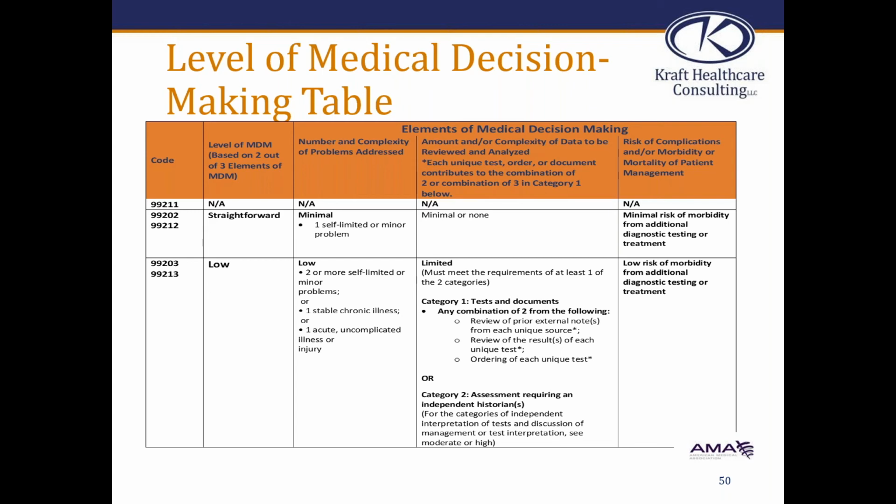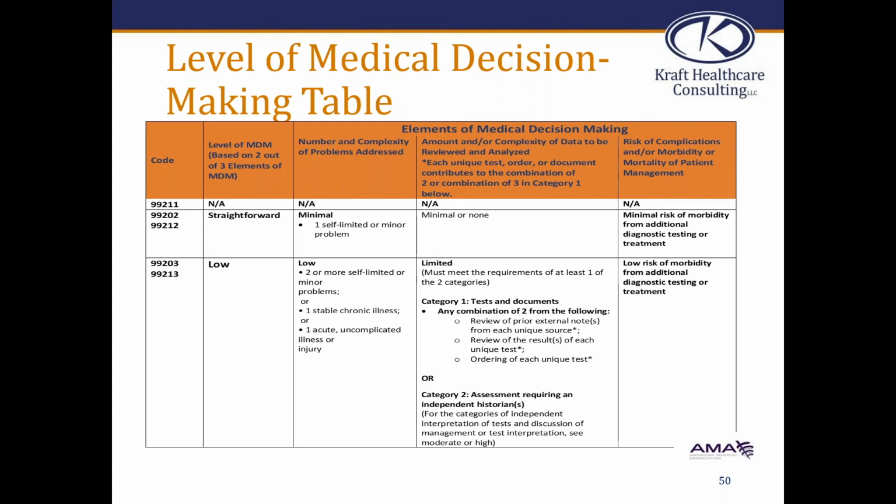Ordering of each unique test. Again, a panel counts as 1. It doesn't count for all the CPT codes included in that panel. Or category 2, assessment requiring an independent historian. For the categories of independent interpretation of tests and discussion of management or test interpretation, see moderate or high.